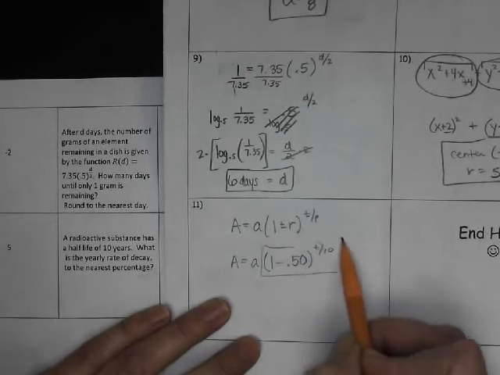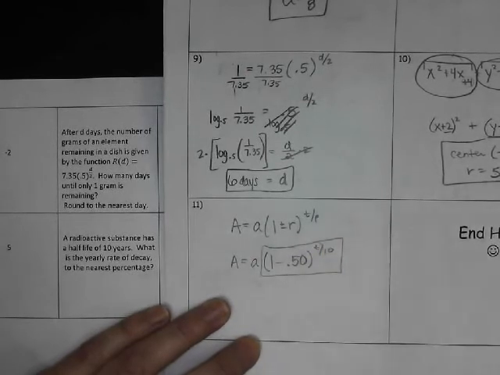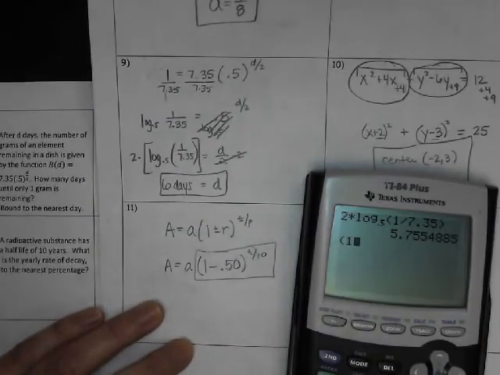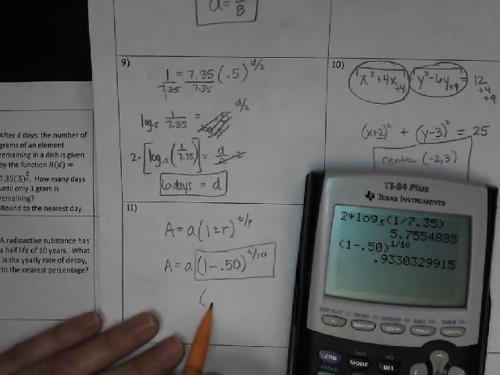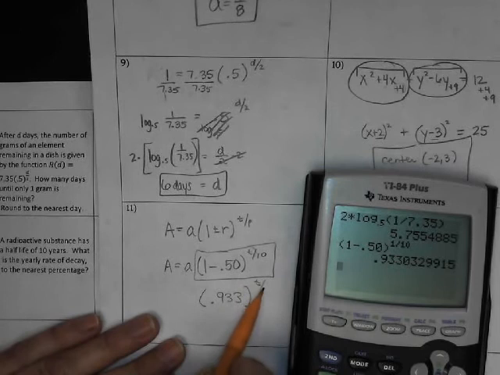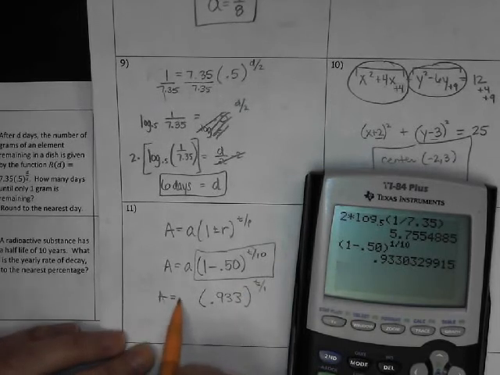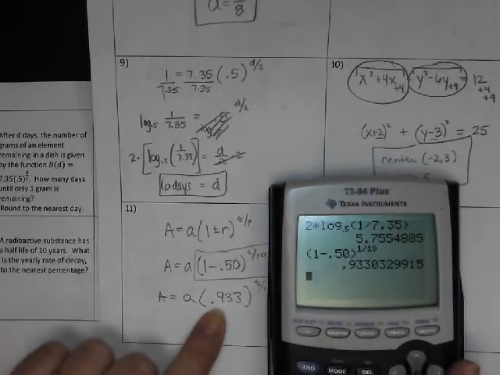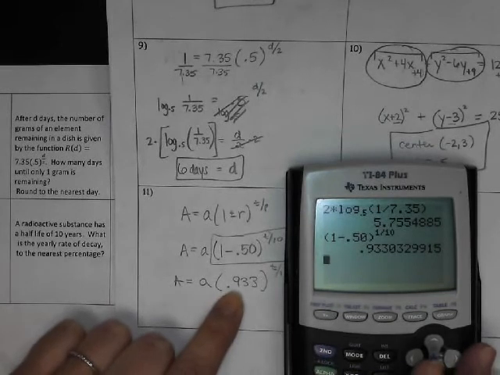So all we have to focus on then here is here and plugging in a 1. When I do that, 1 minus 0.50 to the 1/10th power, I get a new base of 0.933 to the t over, and I just change it to a 1-year rate. Now the question is, what is the actual rate that we lost?